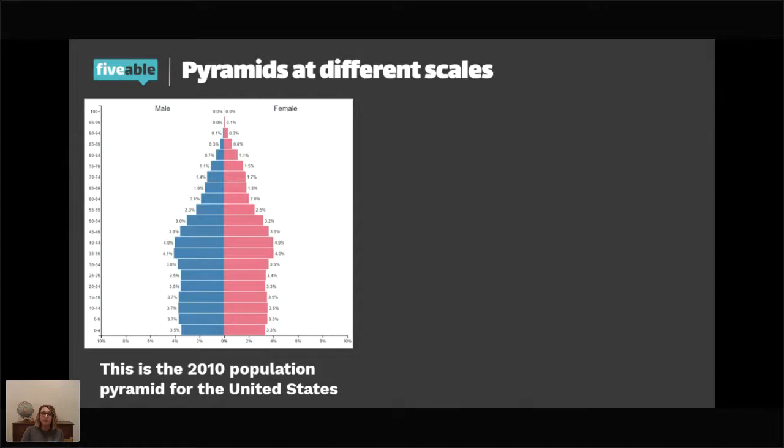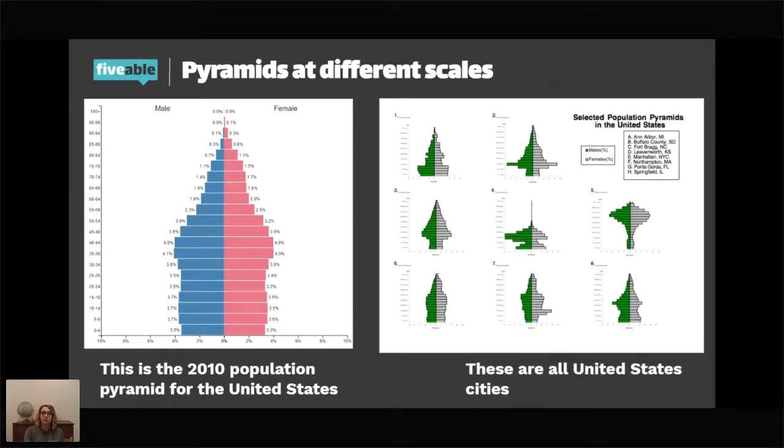But on the right, you have different pyramids of US cities. Even though those are all part of the United States, they look significantly different from our averaged composition, right? That can be kind of interesting for us to look at, and we'll practice a little more with that in a little bit.